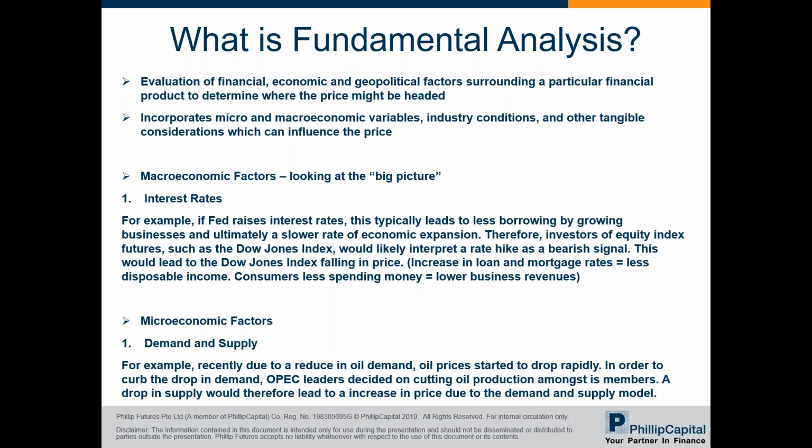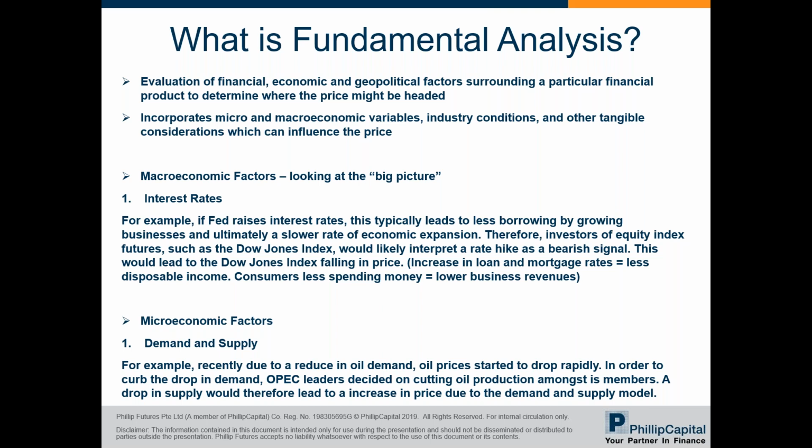Then you have microeconomic factors. The main microeconomic factors would be demand and supply. If you study economics, I think you know this. For example, recently, due to a reduction in oil demand because of COVID-19, oil prices started to drop rapidly.